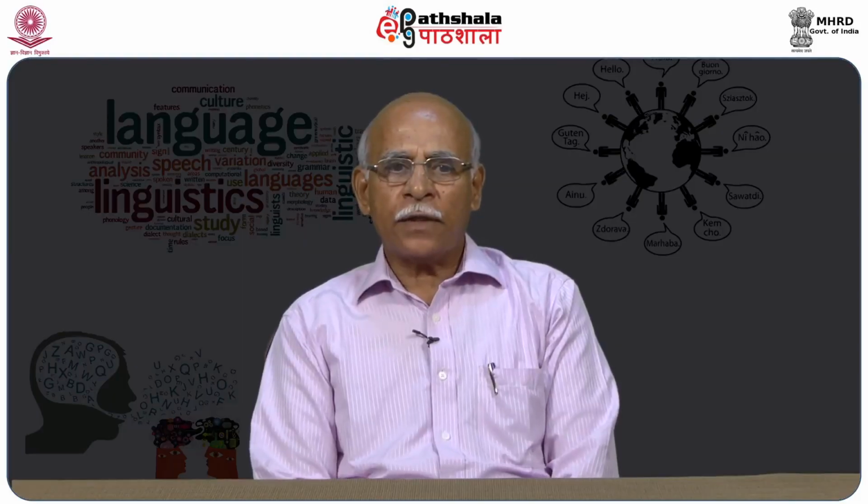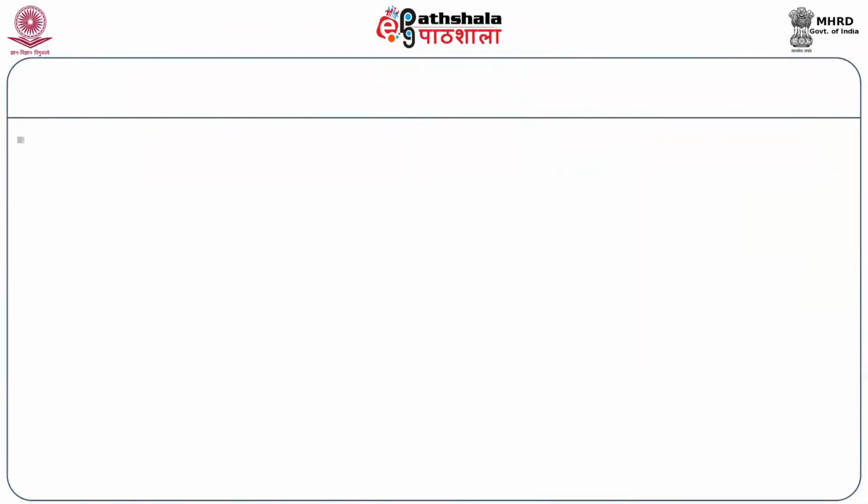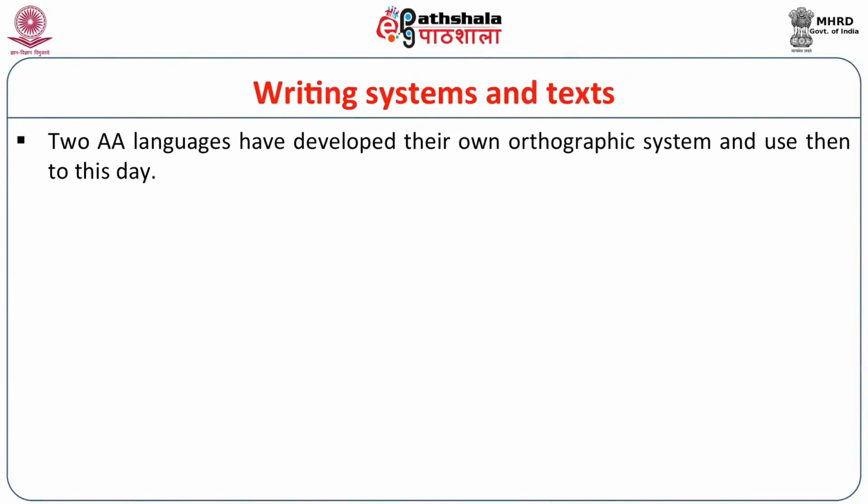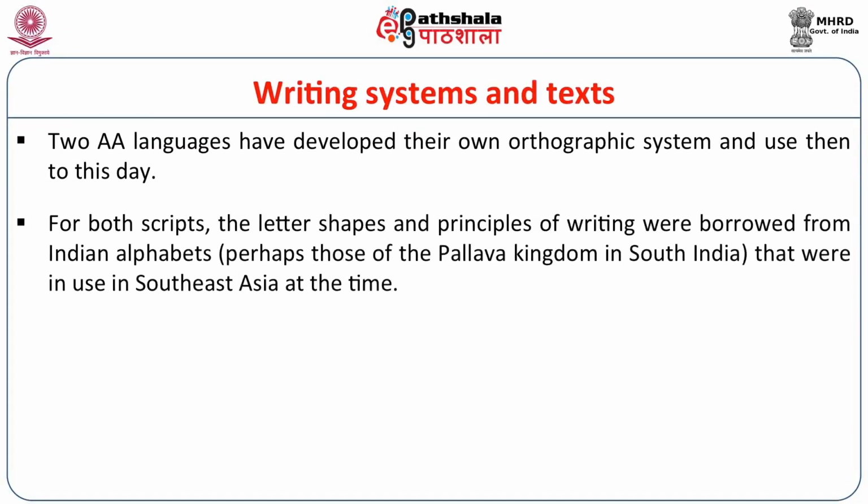So, when we look at the writing systems, two Austroasiatic languages have developed their own orthographic systems and use them even today. Both the scripts, the letter shapes and principles of writing, were borrowed from Indian alphabets, perhaps those of the Pallava kingdom of South India that were in use in Southeast Asia at that time.